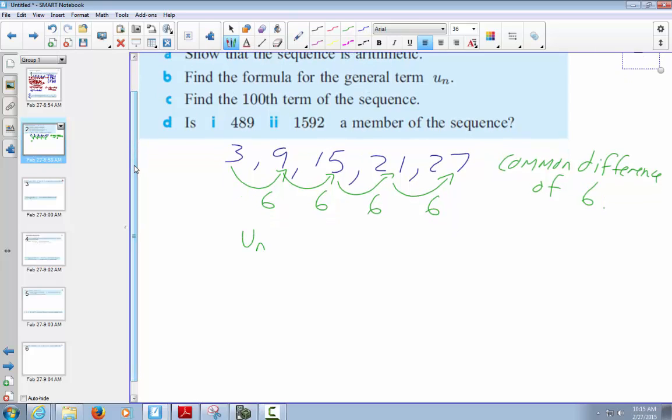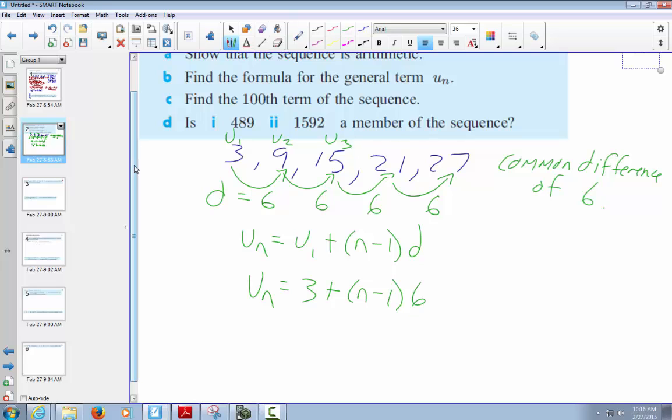Well, we have un equals u1 plus n minus 1 times d. D equals 6. This is u1, u2, u3, and so on. So un equals 3 plus n minus 1 times 6.